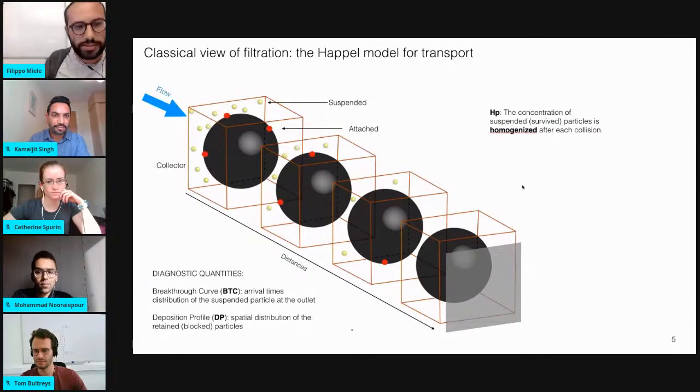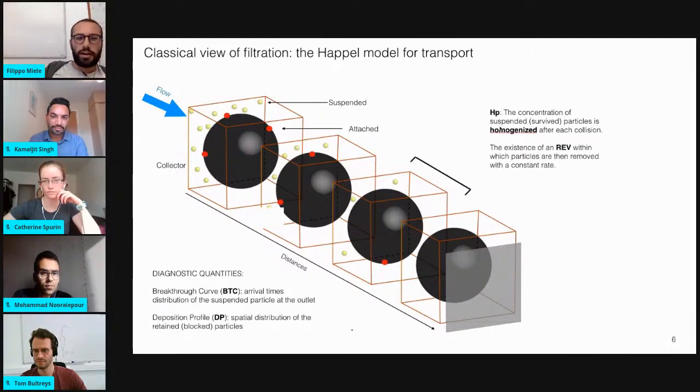Now, the underlying hypothesis behind this theory is that after each collision, the concentration C of the still surviving suspended particles is homogenized. This means that the CFT, so the classical theory, assumes the existence of an REV over which the particles are filtrated with a constant rate.